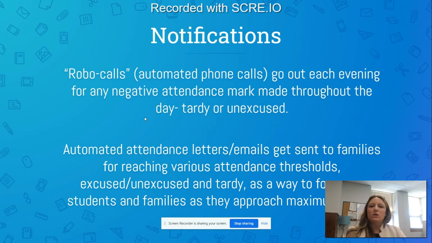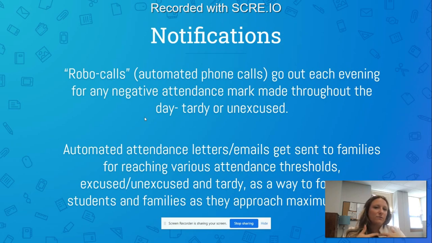Or, hey, you're at 5 tardies for the 2nd through 7th period bucket. Just a heads up, these are our rules and potential consequences that could happen if you continue to obtain more attendance marks. So again, those are automated through Skyward.